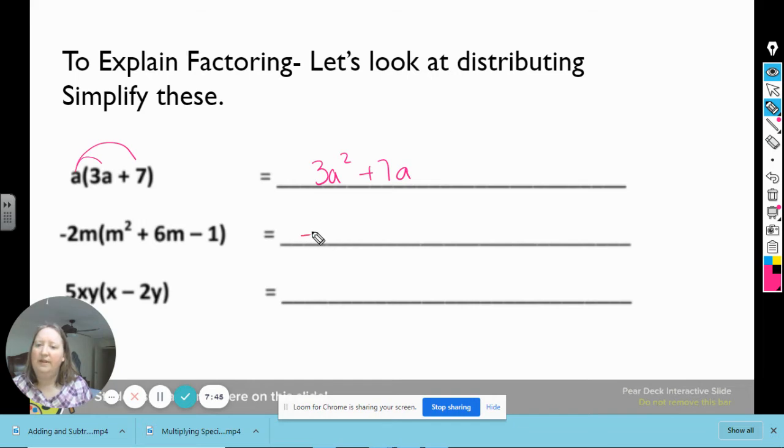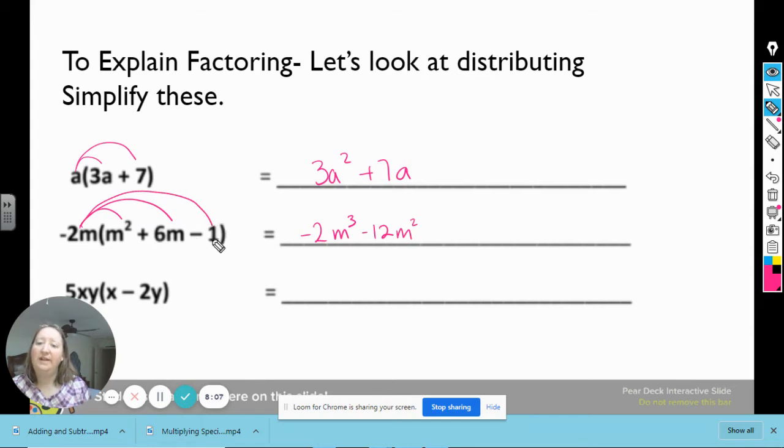We have negative 2m to the third. Now multiply the two numbers, negative 12, and there's 1m times another m. Remember, when we're multiplying, we add the exponents of like bases.